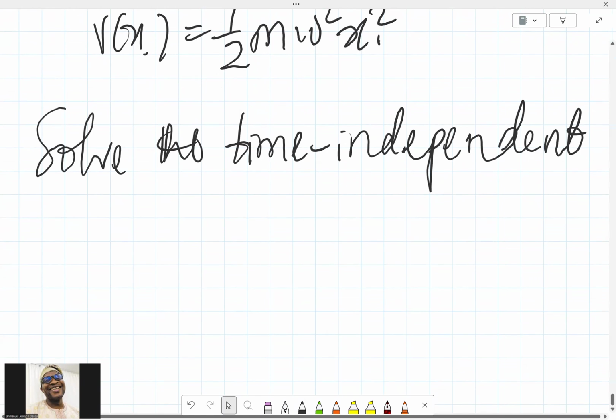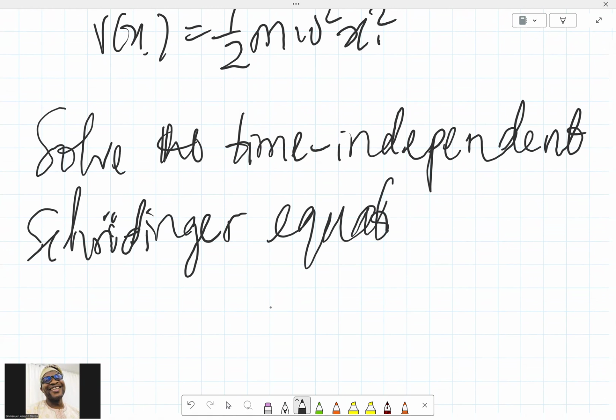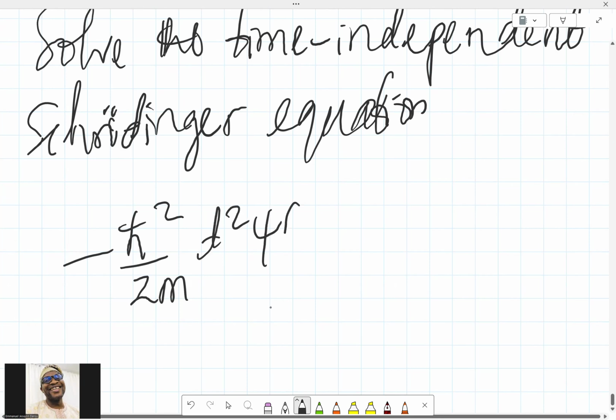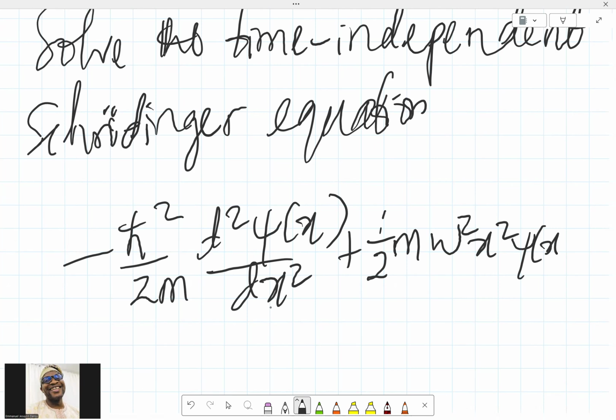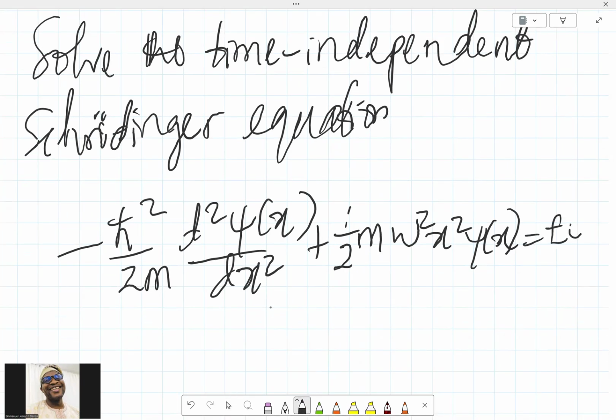To solve the time-independent Schrödinger equation: minus h bar squared over 2m d squared psi of x dx squared plus half m omega squared x squared psi of x equals E psi of x.